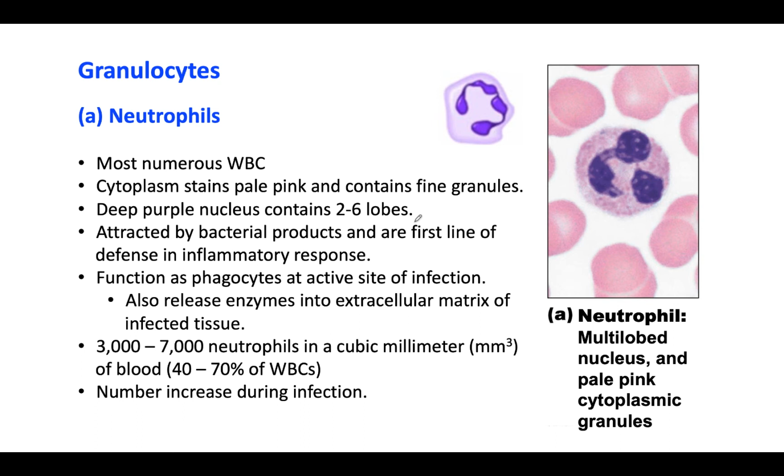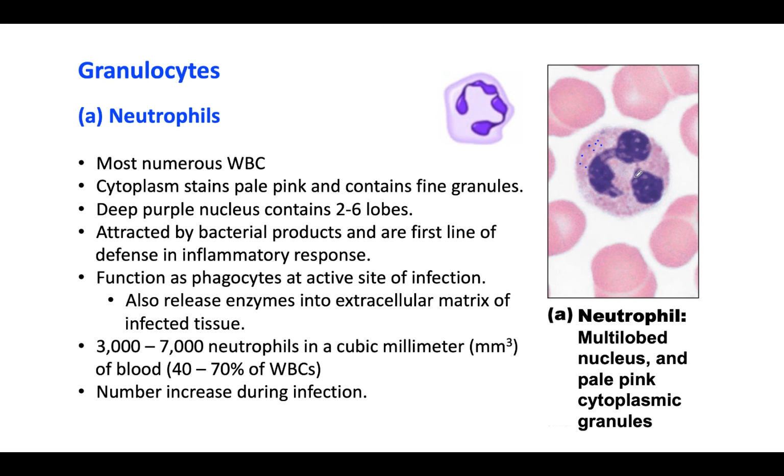First, neutrophil. Neutrophils are the most common type of white blood cell, and neutrophils have small cytoplasmic granules. Here are small cytoplasmic granules. Their nuclei are commonly lobed. Can you see?